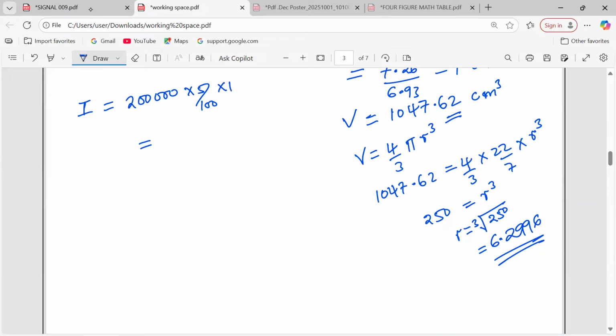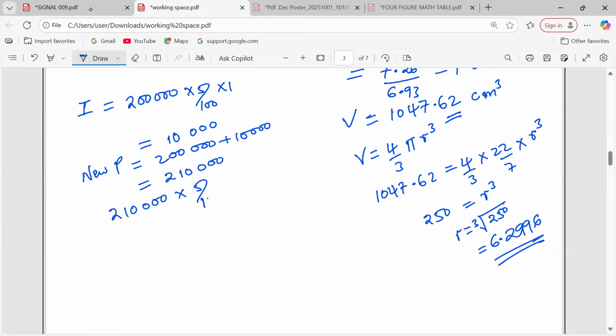So the interest shall be multiplied by 5%, 10,000. So 10,000 was earned, meaning that the new principal became 210,000. So it's now 210,000 to earn interest for another year.